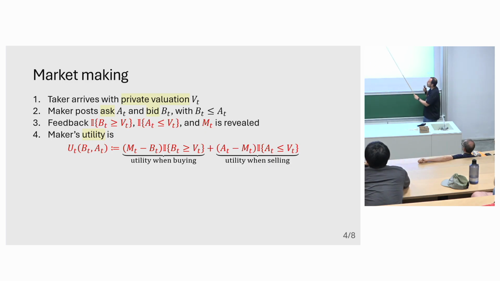While the second term, the utility you get when you sell, is the same as what you get in dynamic pricing. In dynamic pricing, you post a price. If the price is low enough for the buyer to buy, then the buyer buys at your price minus whatever production cost, MT. So keep this observation in mind for a second.